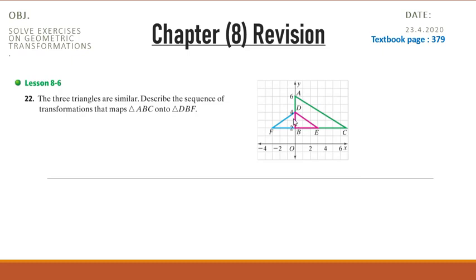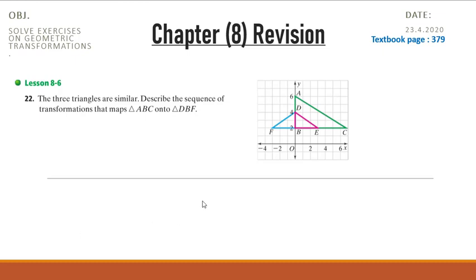Find the original and the image. Divide the image by the original. The image BD is 2 units, and BA is 4 units. So 2 divided by 4 is half. Now this is the first transformation, dilation with center B and scale factor half.